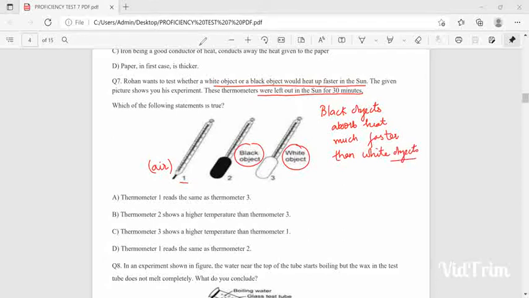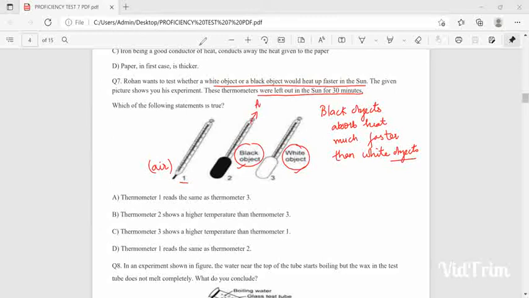So the black body will absorb the heat faster and will keep on becoming hotter as time passes. So in thermometer 2, the temperature recorded will be the highest.